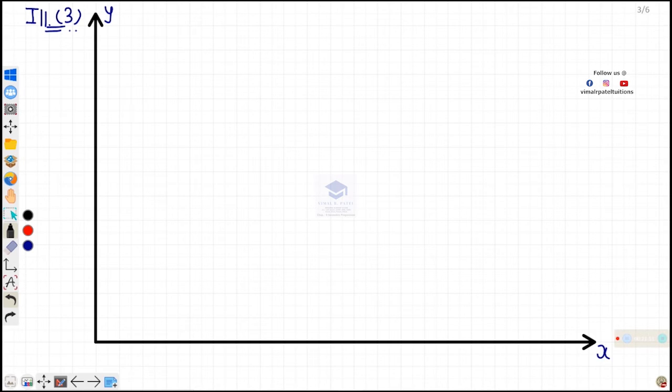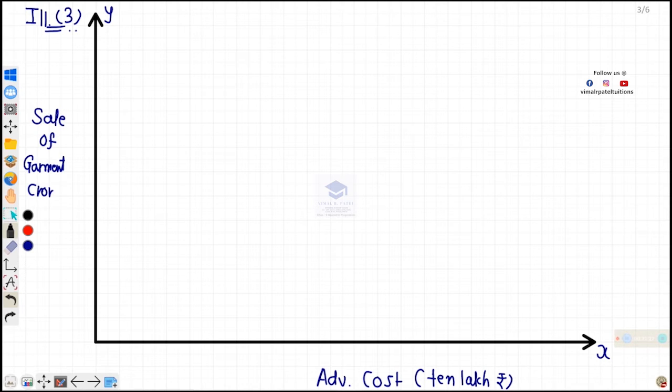So on the x-axis, advertisement cost in 10 lakh rupees. On the y-axis, sale of garments in crore rupees.